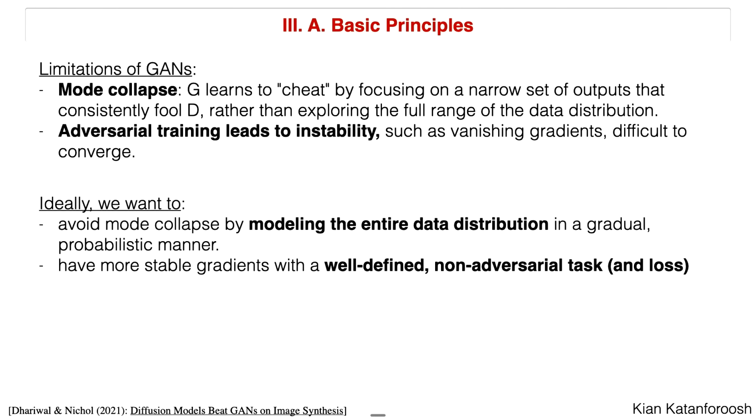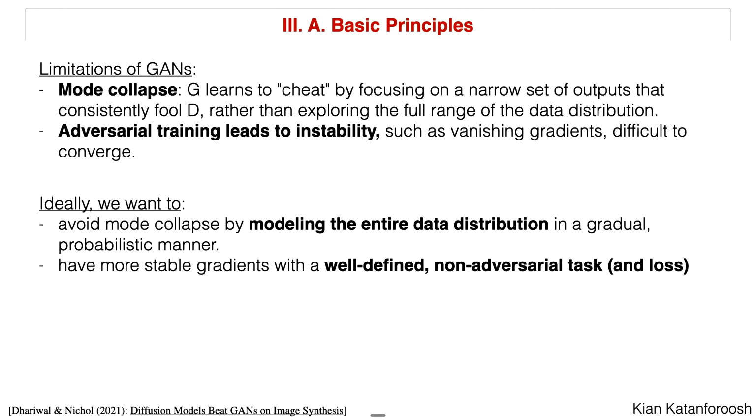The idea behind diffusion is we're going to try to avoid that mode collapse by modeling the entire data distribution. So we're not going to do a minimax game anymore. We're going to get a single model and we're going to set up a task that can learn anything in the image space, let's say. And on top of that, we want to have more stable gradients by not using an adversarial task.